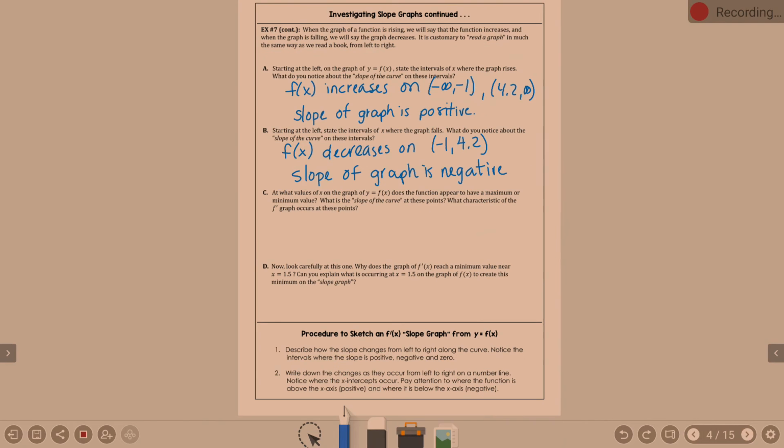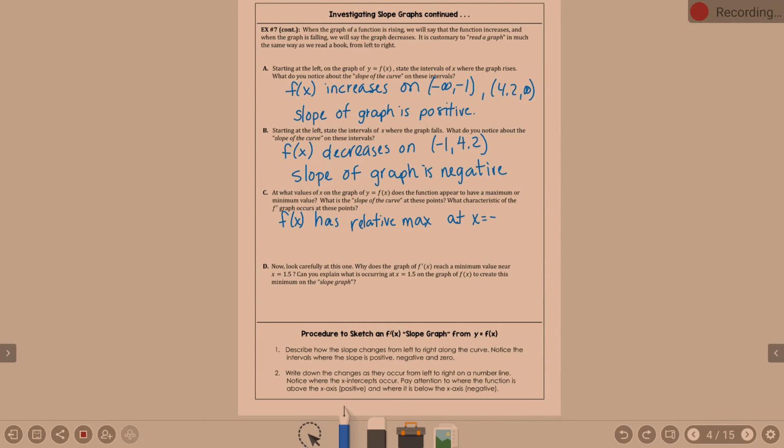At what values of x on the graph of y equals f of x does the function appear to have maximum or minimum? What is the slope of the curve at these points? Negative 1. We already talked about this, didn't we? I just have to write it down then. So we already talked about there was a relative max at x equals negative 1.